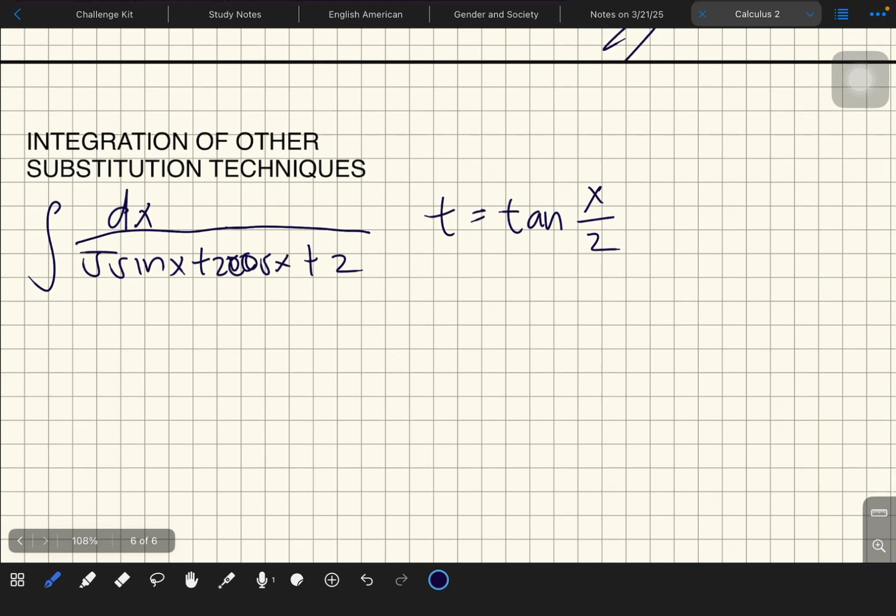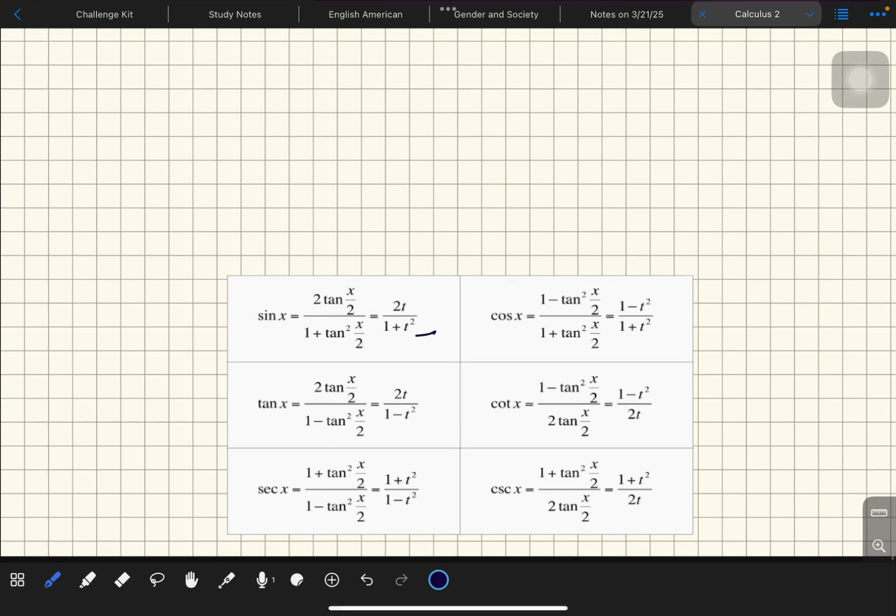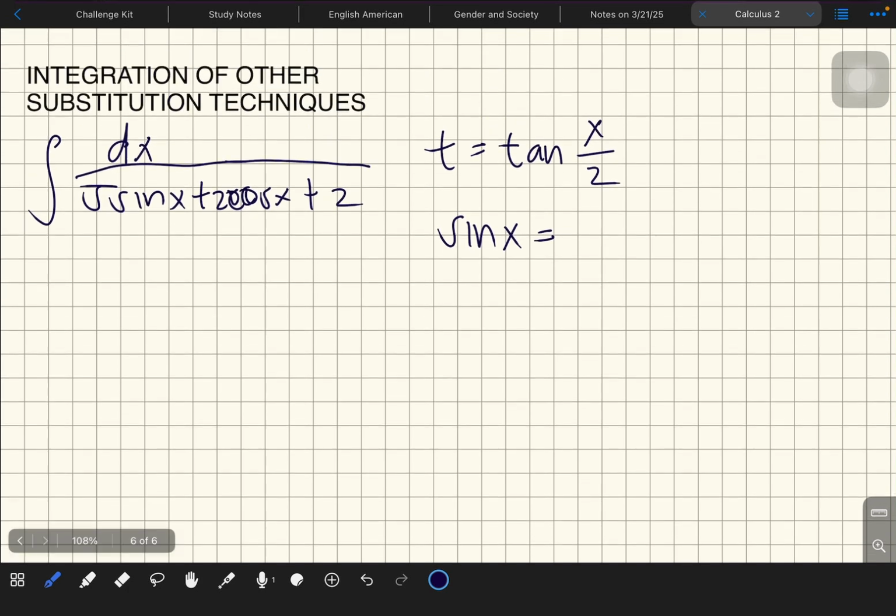So here in our problem, since it is just sine x and cosine x, we can write that sine x is equal to 2t over 1 plus t squared.